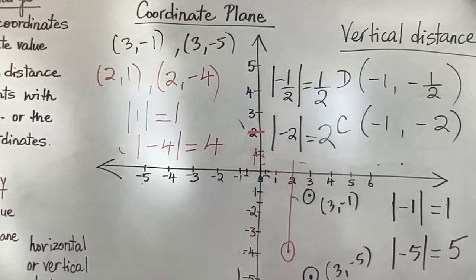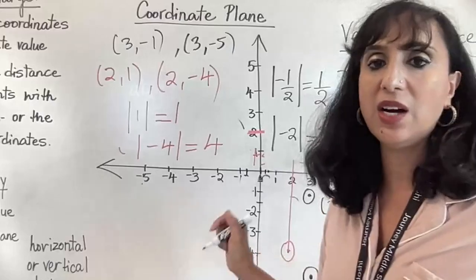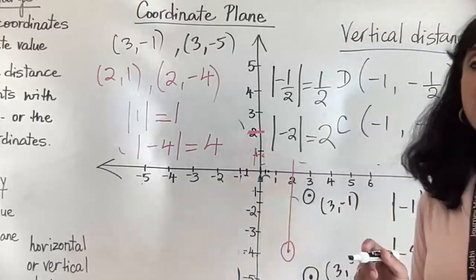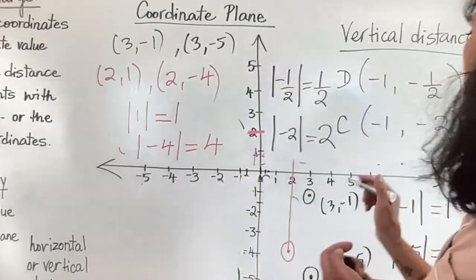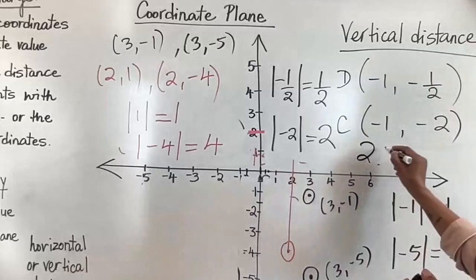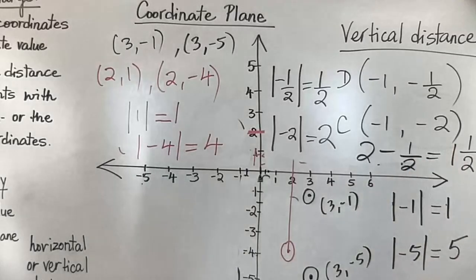Now, since they are in the same quadrant, all I do is subtract the absolute values. So, what is 2 minus 1/2? I get 1 and 1/2 units apart, and that's what my distance is between C and D.